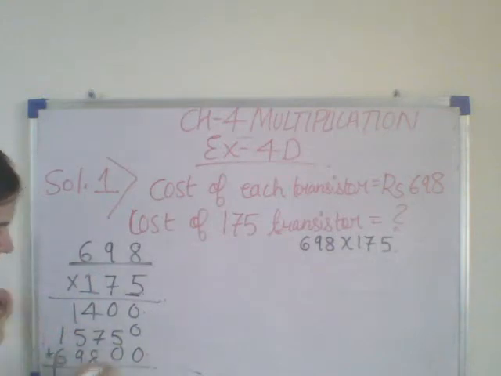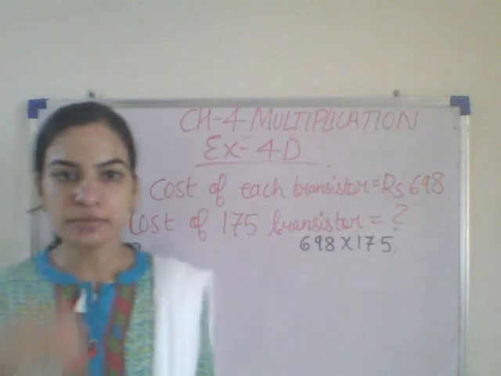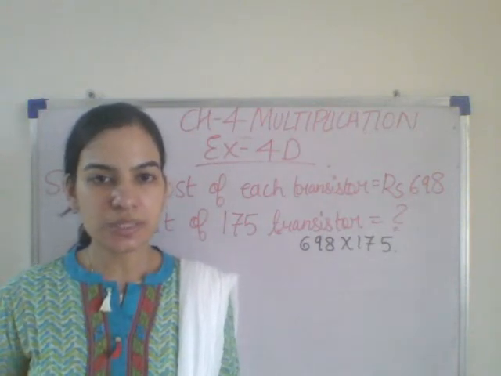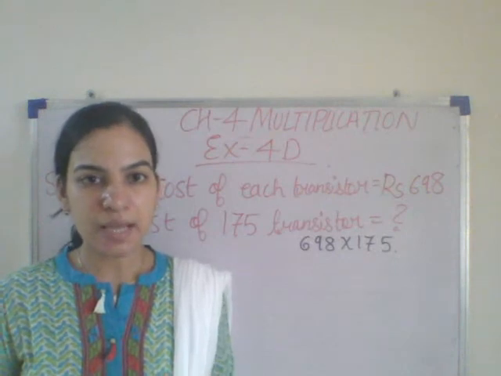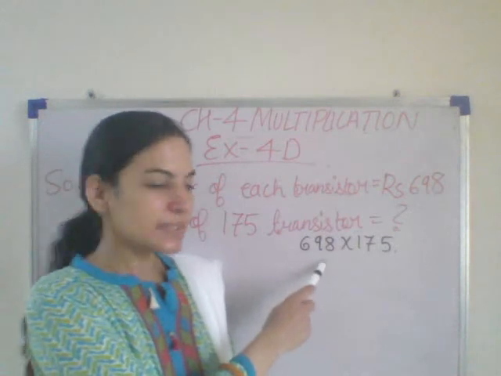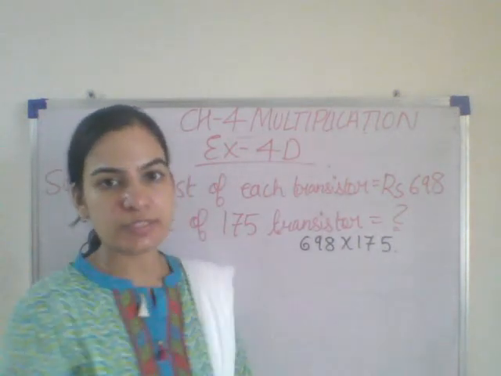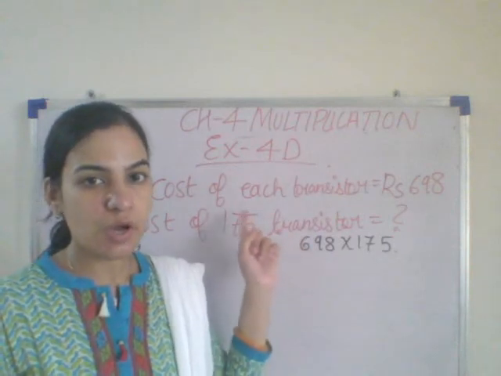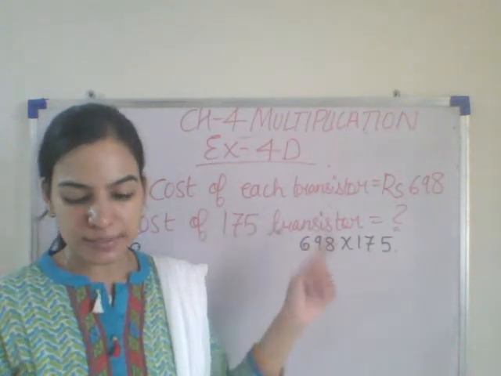And in the last, you will be adding these 3, then you will be getting the answer. How to multiply using a 3-digit multiplier, that I have explained to you. So if you multiply 698 with 175, you will be getting your final answer. You will be getting the cost of 175 transistors.